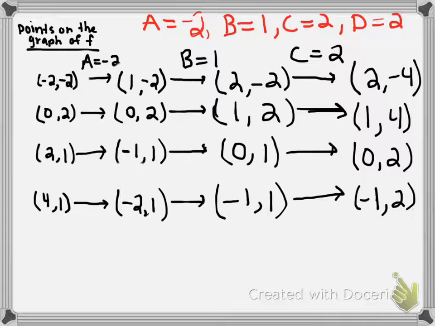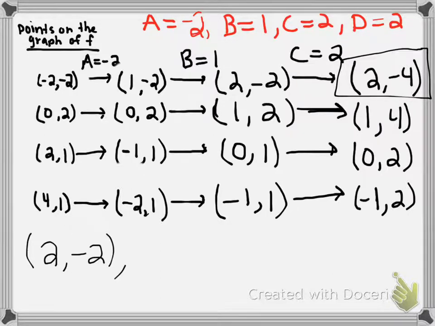The 4 resulting points, I'm just going to write them down here at the bottom of the slide. So the first point, 2, -4. So this point right here. Applying d equals 2 is going to give us the point 2, -2. And the next point here, 1, 4.